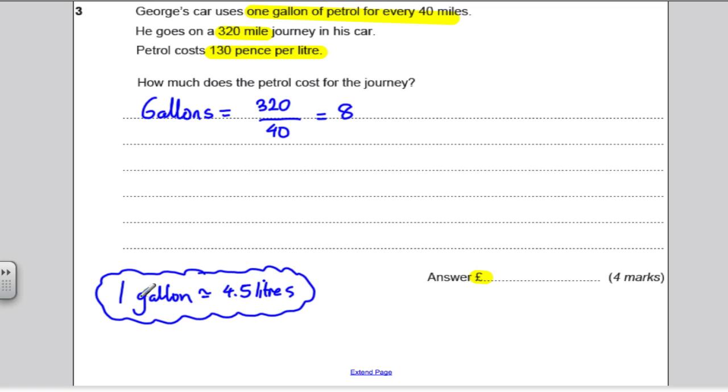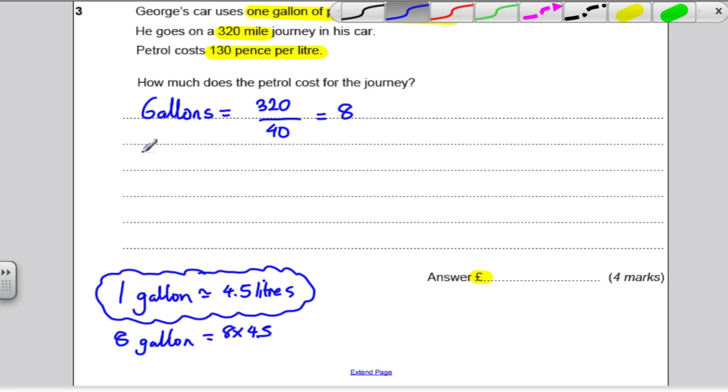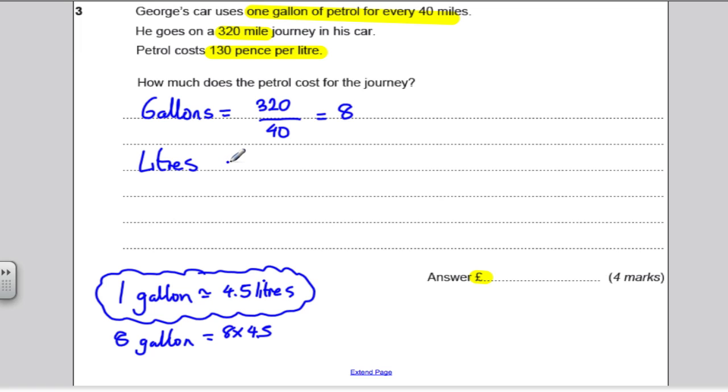If 1 gallon is 4.5 litres, 8 gallons must be 8 times 4.5. So the number of litres must be equal to 8 multiplied by 4.5, which is 36 litres.